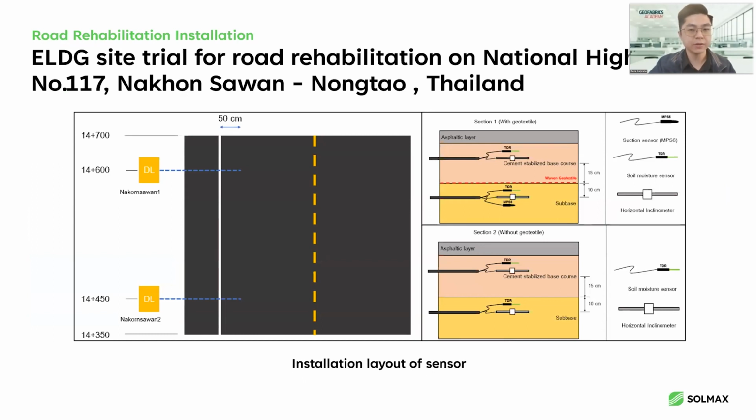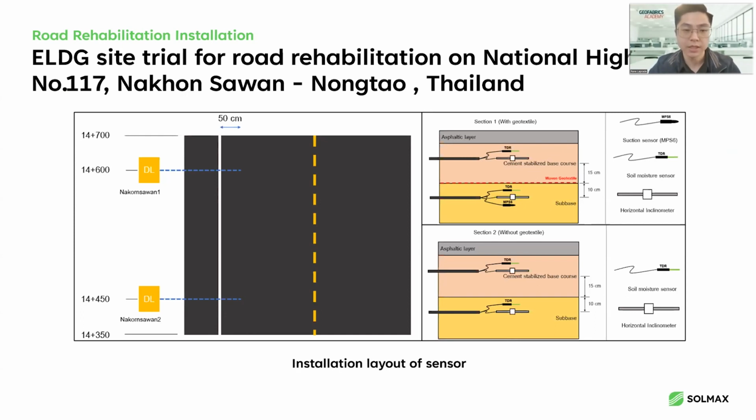The field trial of about 1 kilometer, between station 14,000 to 15,000, where the field monitoring instruments were installed, such as the suction sensor, soil moisture sensors, as well as the horizontal inclinometer.